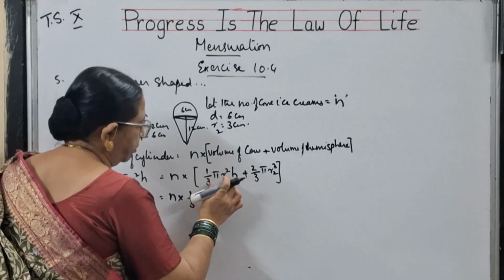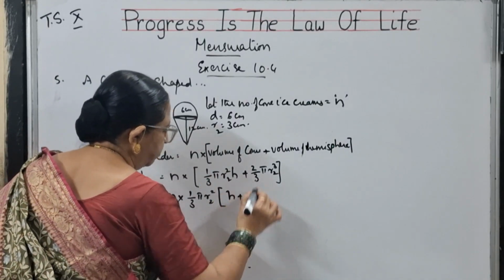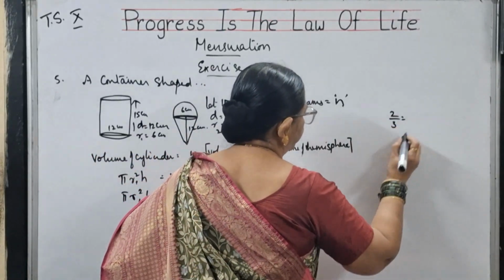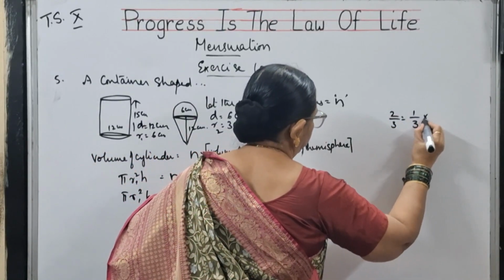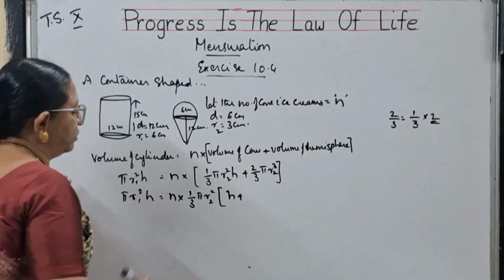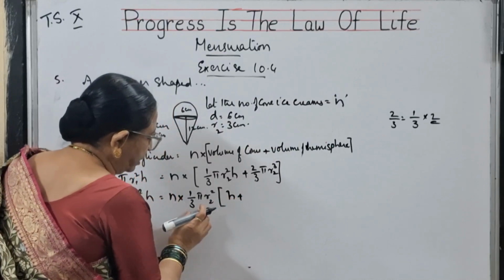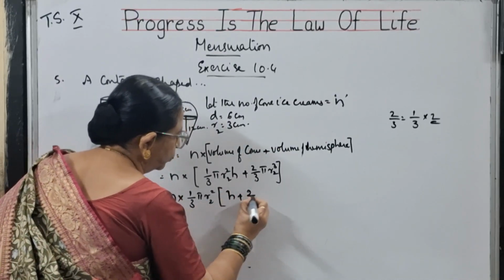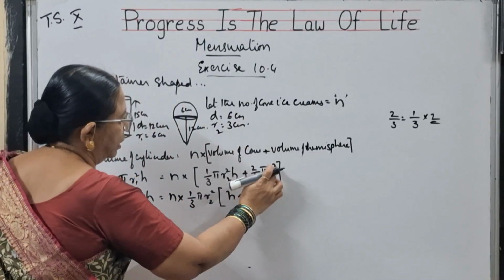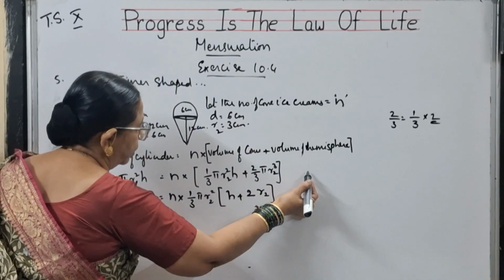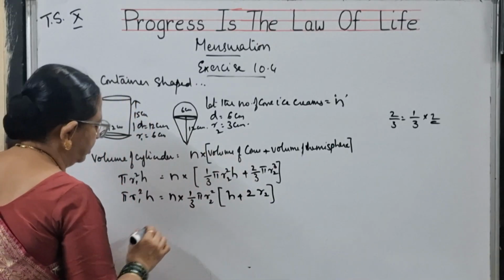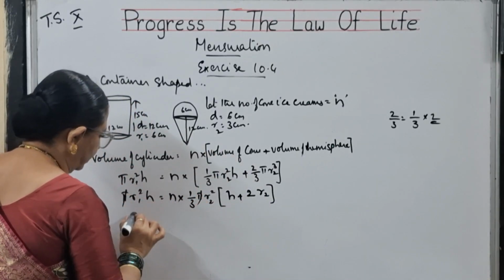Here h plus, here you see 2 by 3. You will be getting 2 by 3 when I take out 1 by 3 into 2. So 2 is left behind. 2 into r2 I am getting, because r2 cube means r2 into r2 into r2, but 2 r2s I have already taken. Only one r2 will be there here.